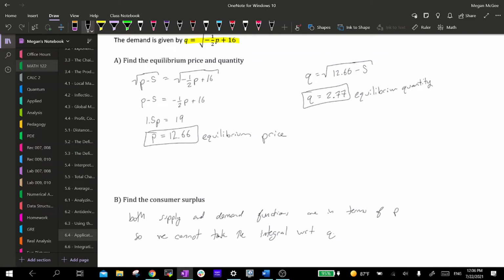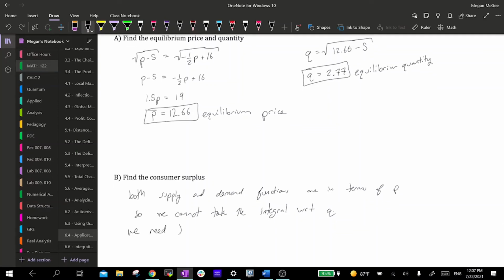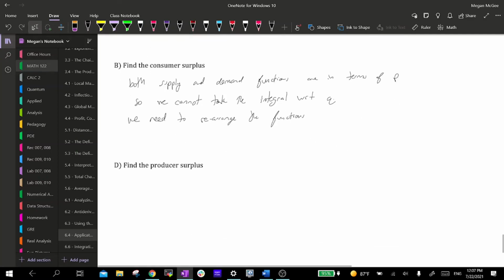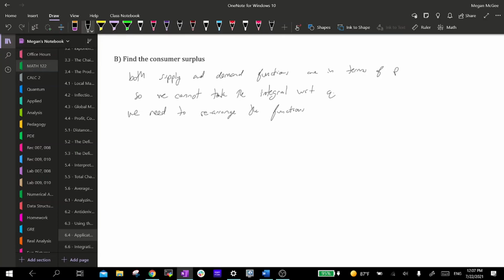So a way that we can fix this is to rearrange the functions so that they're in P equals form and in terms of Q. If we take Q is equal to the square root of P minus 5, we just need to solve for P. So we square both sides to get Q squared is equal to P minus 5.